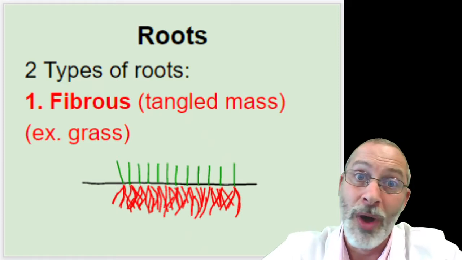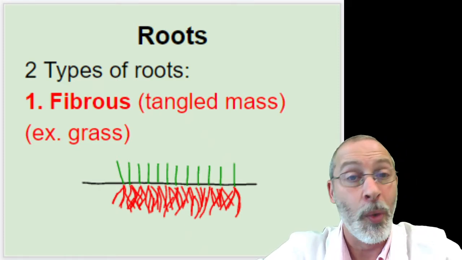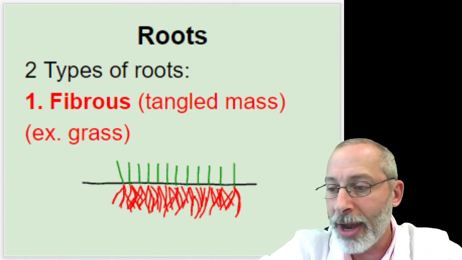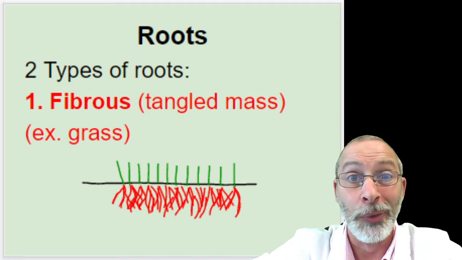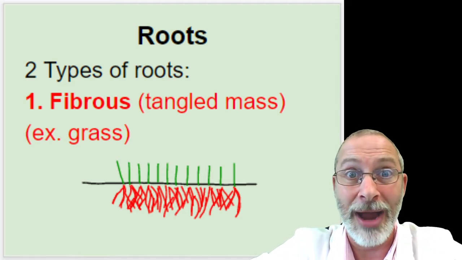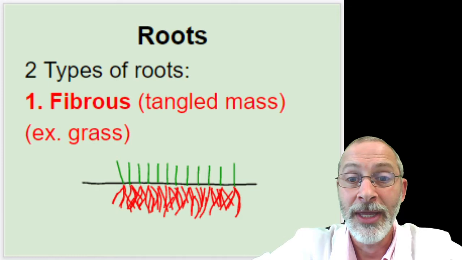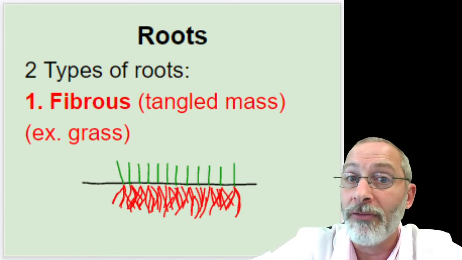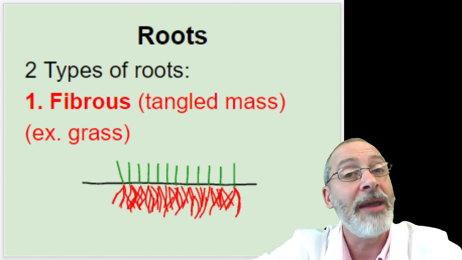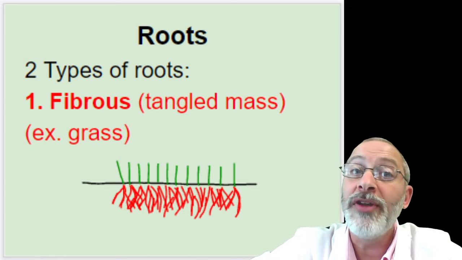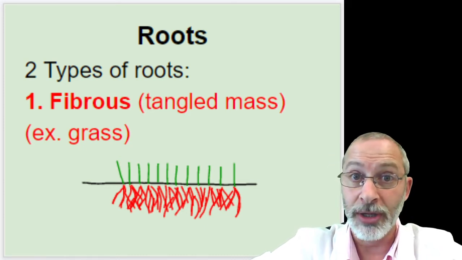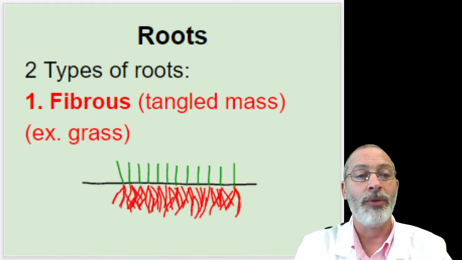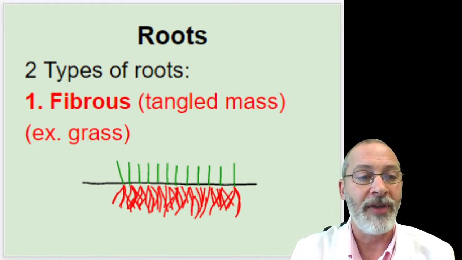You can't get one blade of grass out of the ground without ripping the roots apart from other blades of grass because they're all interwoven. That's one reason why grass is a great ground cover, because of the fibrous roots. They help prevent soil erosion, helps keep the ground together and preventing it from eroding away.